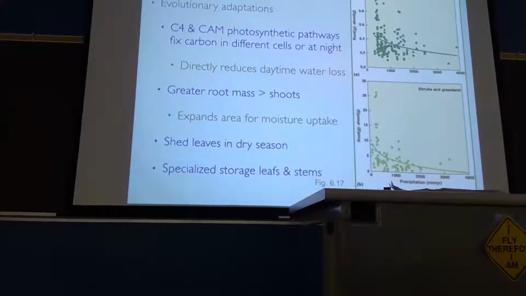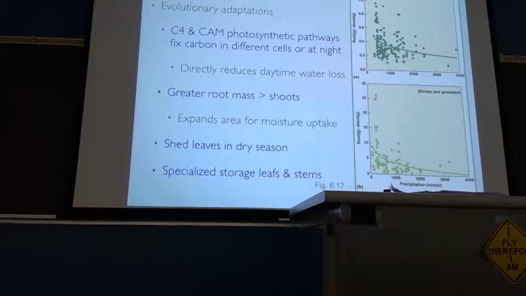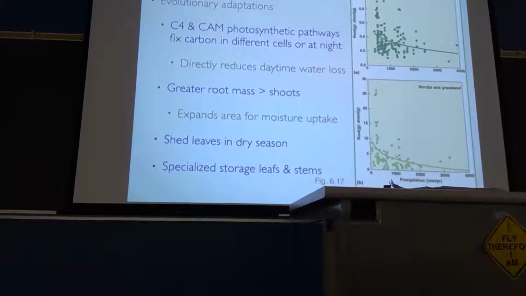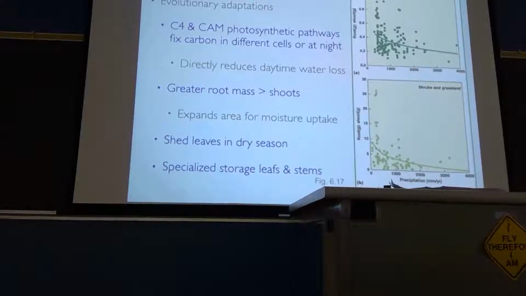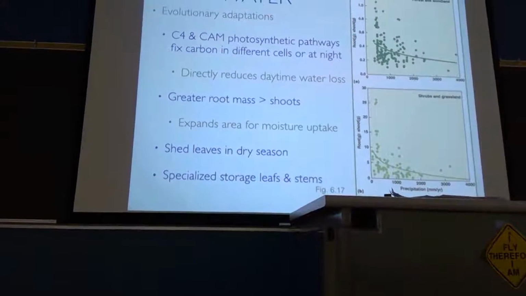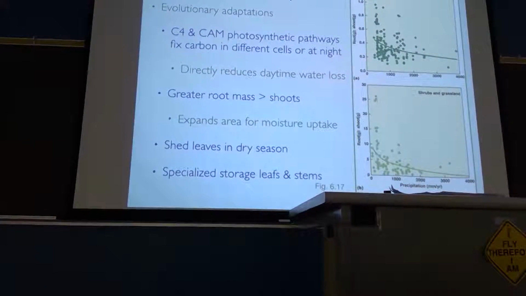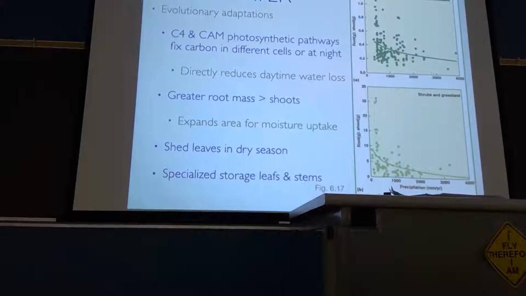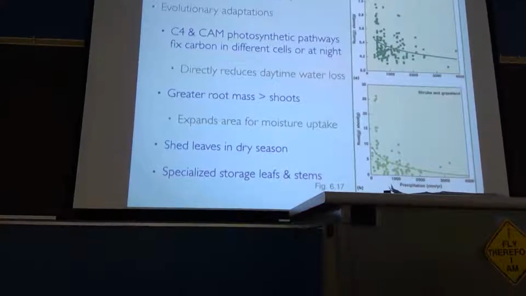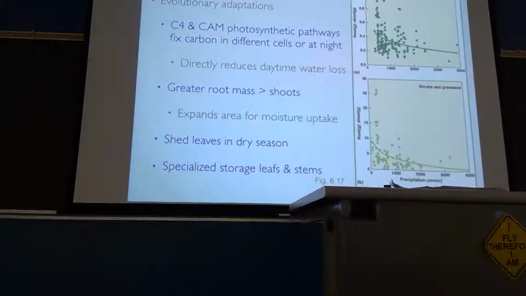All right. We also see that over evolutionary timescales, plants that are in drought-prone conditions or low moisture areas tend to have more root mass compared to shoots. And that means there's less chance of loss of water in the shoots, but it's really an evolutionary adaptation to expand the area with more roots in which we can gain access to water, to increase surface area to volume ratio for water uptake.